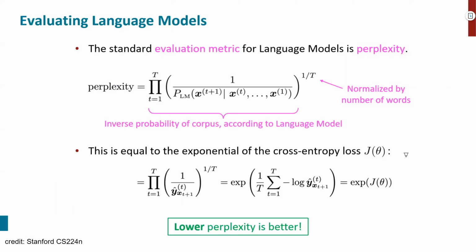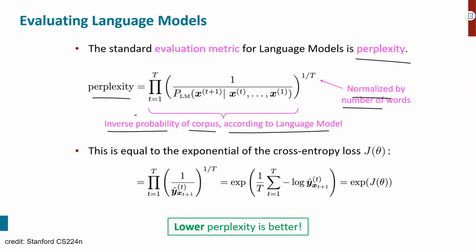Then how do we evaluate our language models? The standard evaluation metric for language models is perplexity. What does it mean? Perplexity is the inverse probability of the corpus according to the language model, normalized by the number of words.